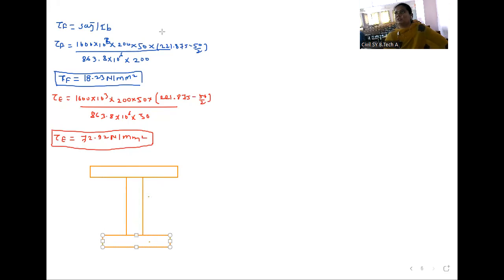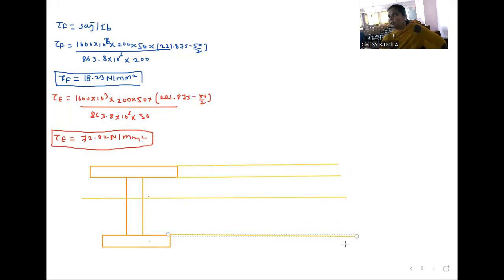Okay, first we will extend all lines. Okay, so this is our neutral axis, then this line, and last one this line.